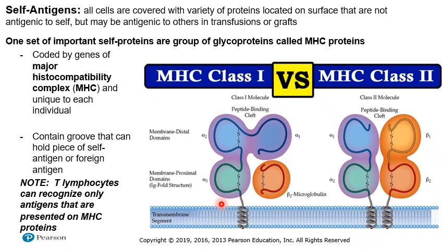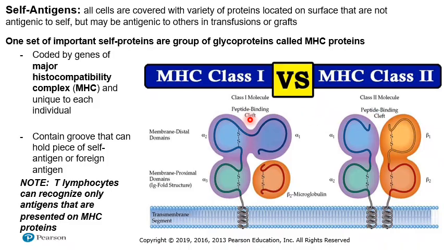And you can see already anatomically how different they are. These proteins or markers are in the plasma membrane. In MHC1, the class 1, you have only one transmembrane protein that anchors itself onto the plasma membrane. In the class 2, you have two transmembrane proteins that are anchored to the plasma membrane.